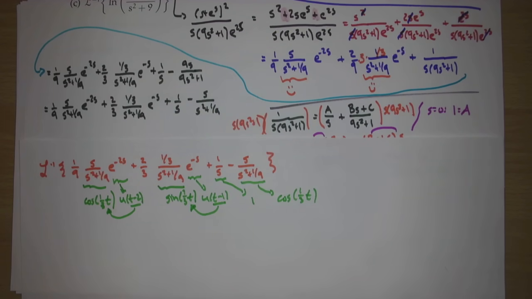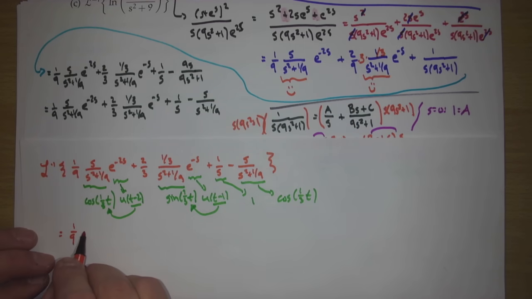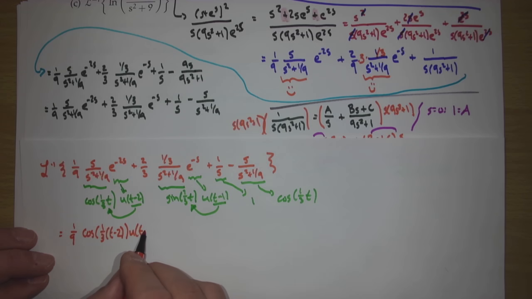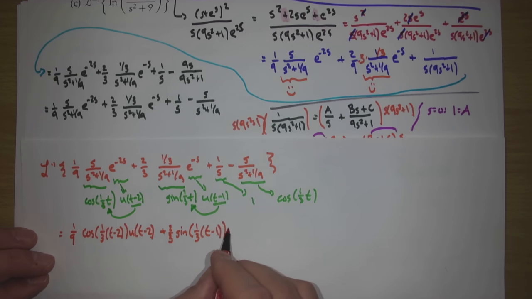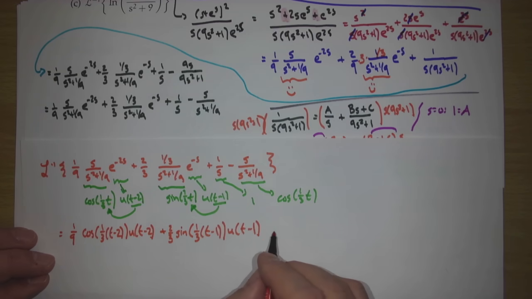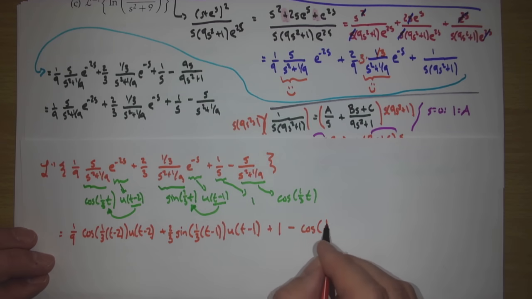So altogether, what do we have? We have 1/9 times cosine 1/3 t minus 2, u of t minus 2, plus 2/3 sine 1/3 t minus 1, u of t minus 1, plus 1 minus cosine 1/3 t.